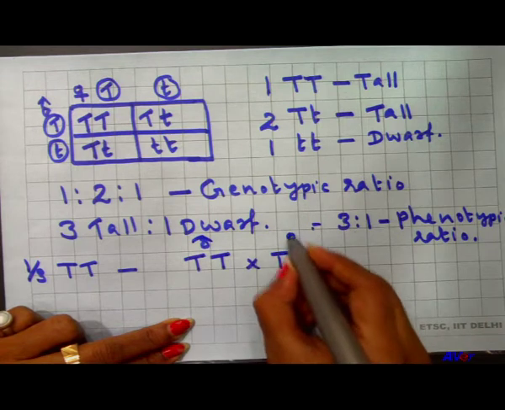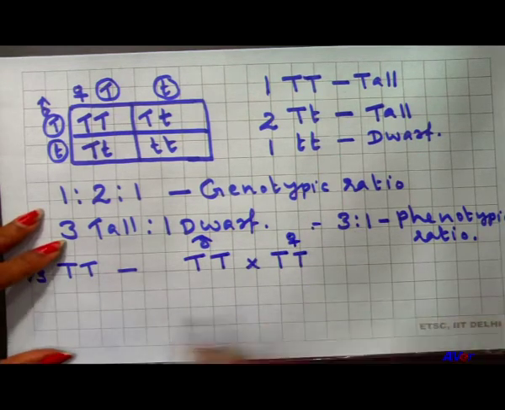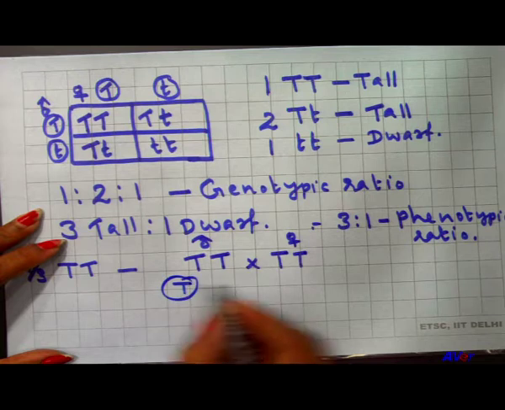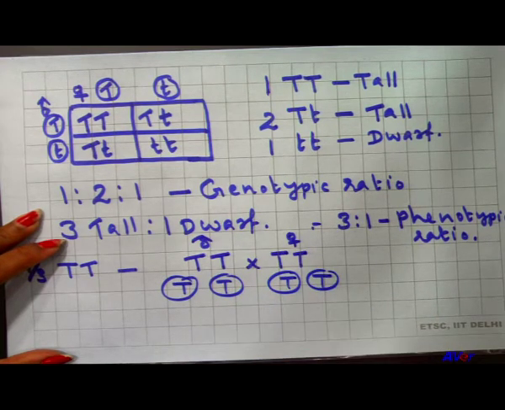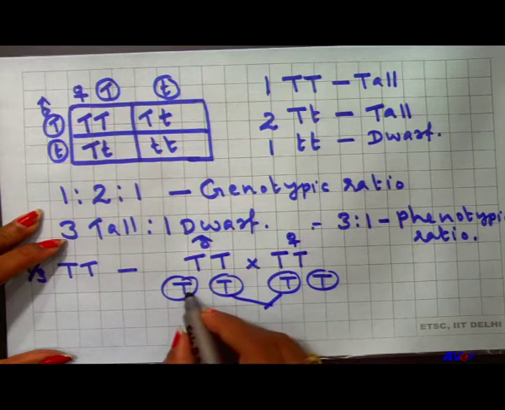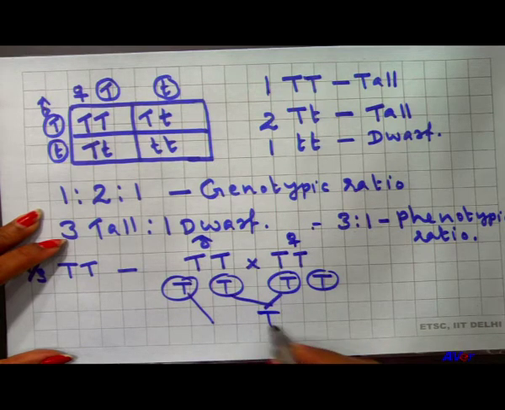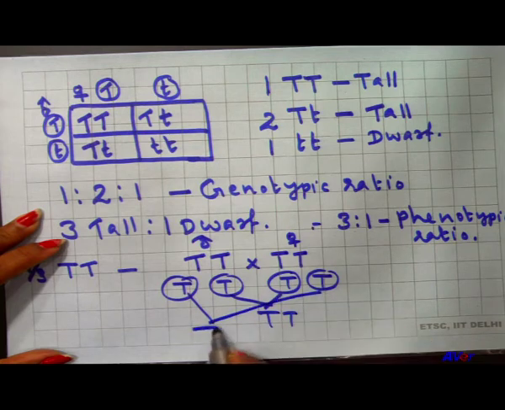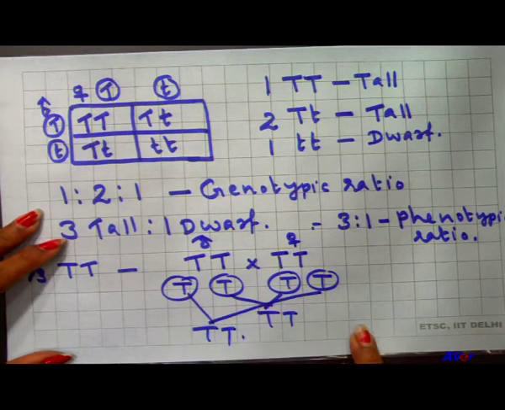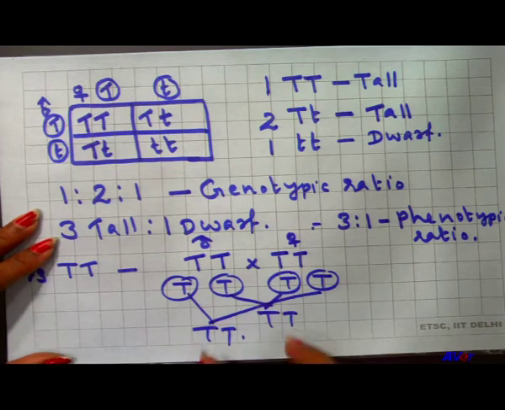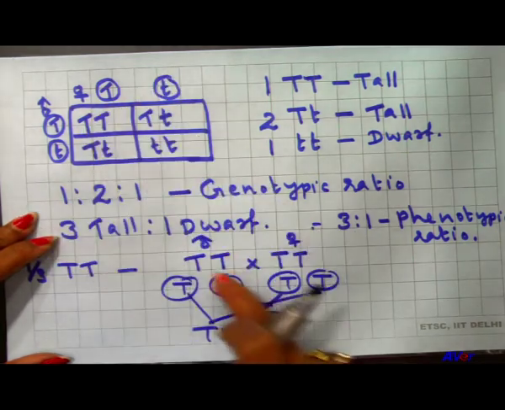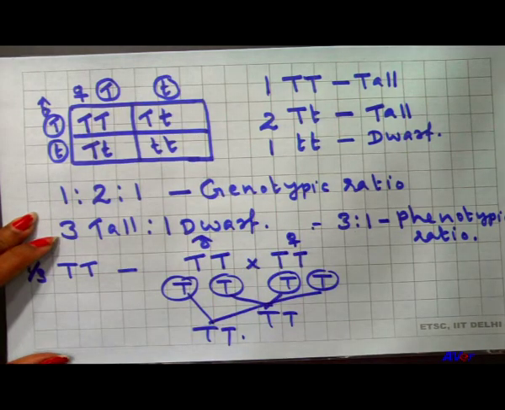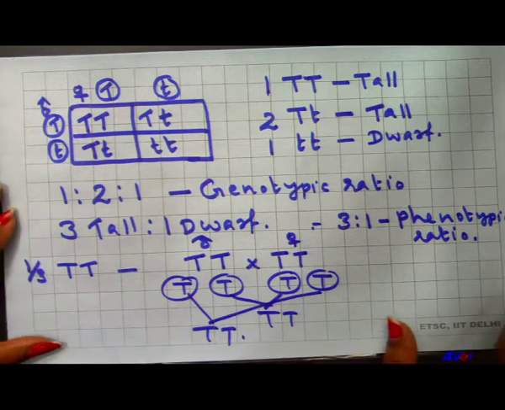One we will consider as male and the other as female. Again the gametes capital T, here also capital T, we will get only similar type of progenies. Only tall progenies. This is the concept that it is homozygous. The same character tall is produced in the coming generations, in all the generations on selfing.